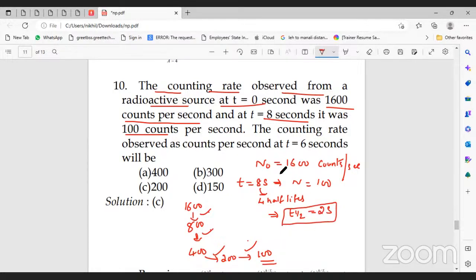Half-life is 2 seconds. So in 8 seconds, 4 half-lives are possible.